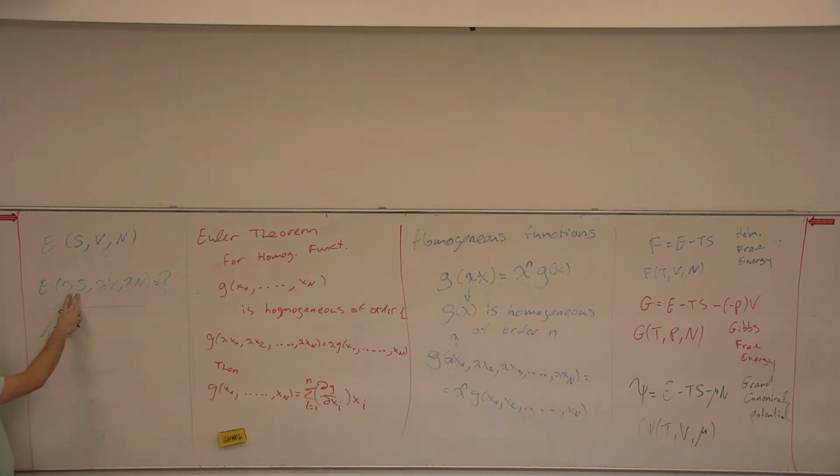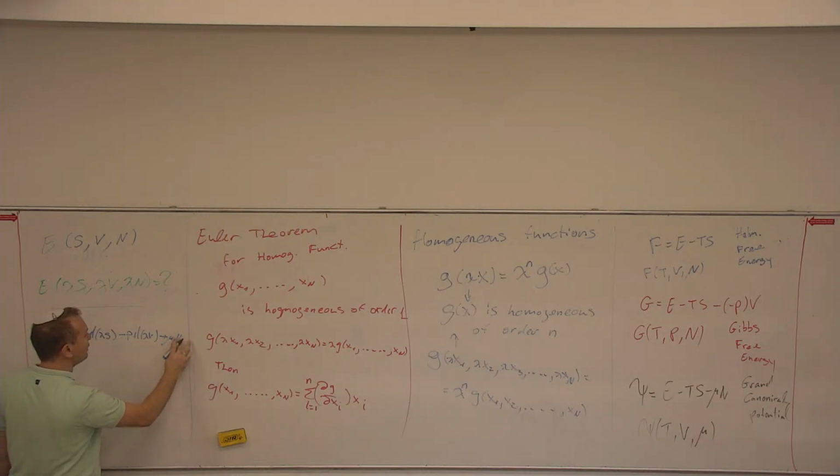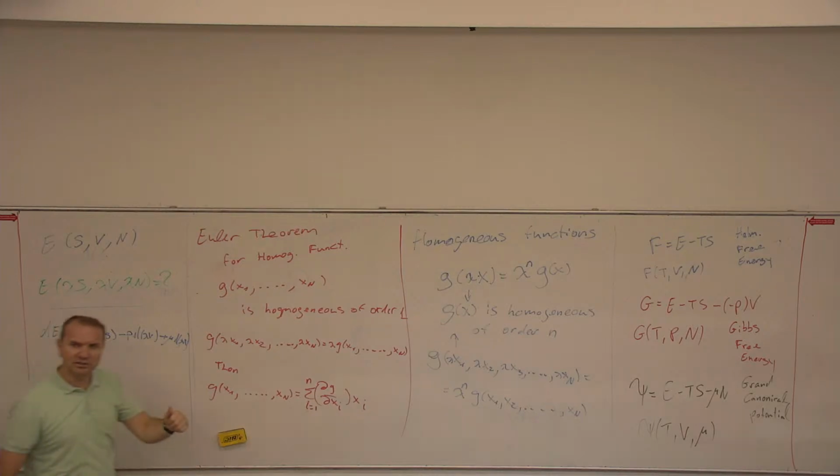Now my variables are lambda S, lambda V, lambda N. So I have T d of lambda S minus P d of lambda V plus mu d of lambda N. So there is a transition that allowed me to go from this part, writing the energy in such a form, to this part. And what is this assumption?